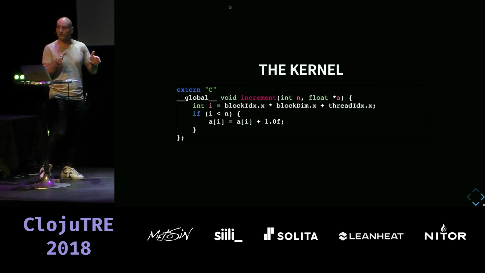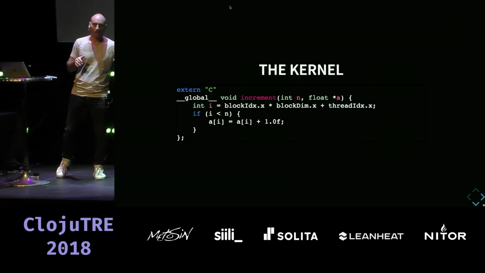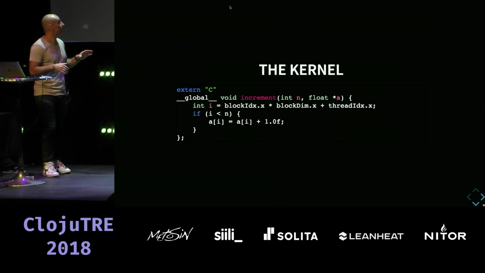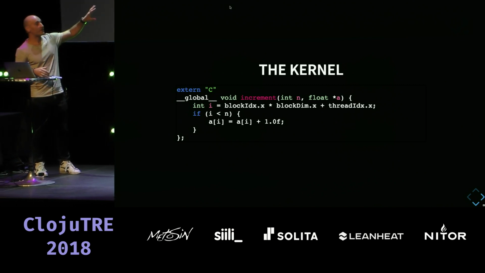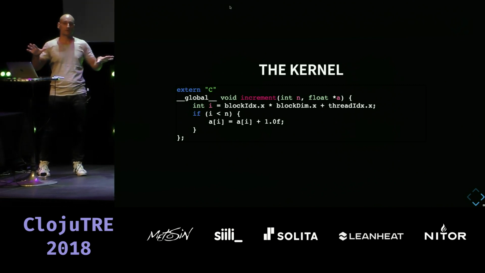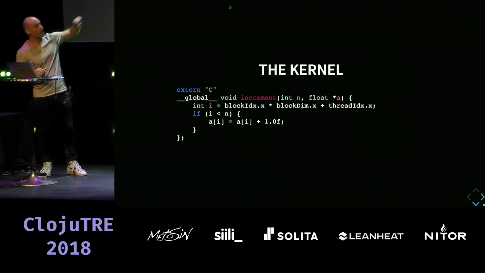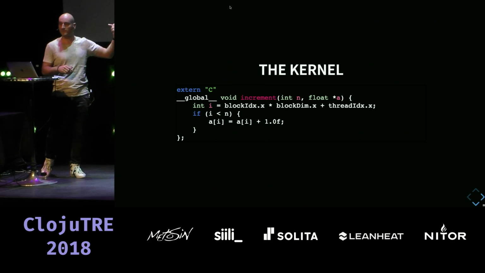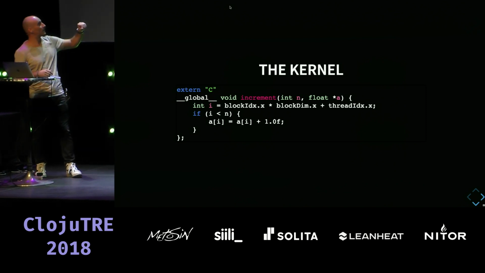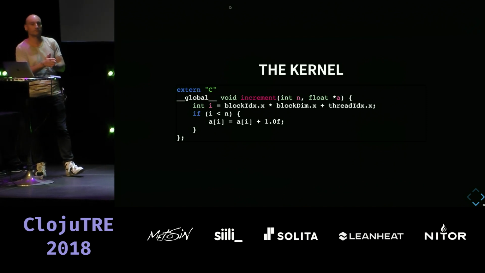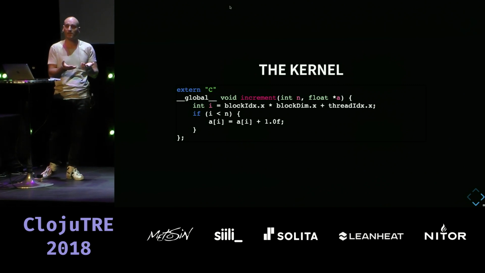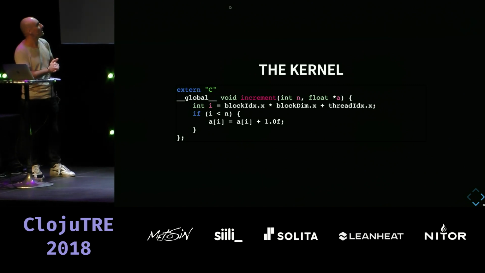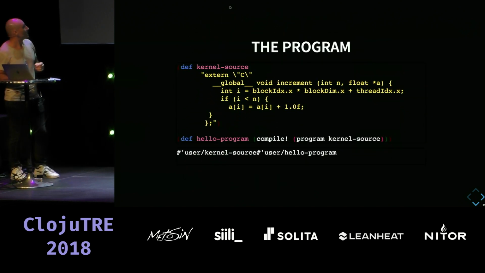Similarly to functional programming, there are no global variables. I will get the arguments and I do my effects on them. So it's a destructive operation, but it's pretty much contained in the kernel.